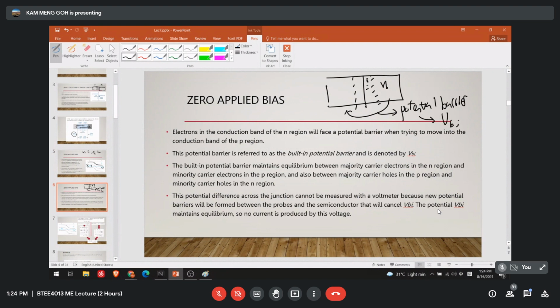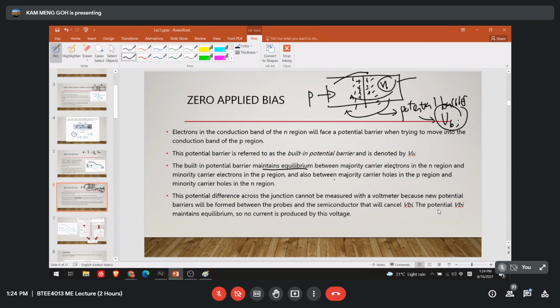Remember, whenever there's a positive charge and negative charge, there must be a potential energy. And this VBI is trying to maintain the equilibrium between the majority electron and majority hole concentration, which means that VBI is trying to stop too many holes flowing from here to there, or too many electrons flowing from here to there. So the main purpose of this VBI is to maintain the equilibrium between the majority electrons and holes.